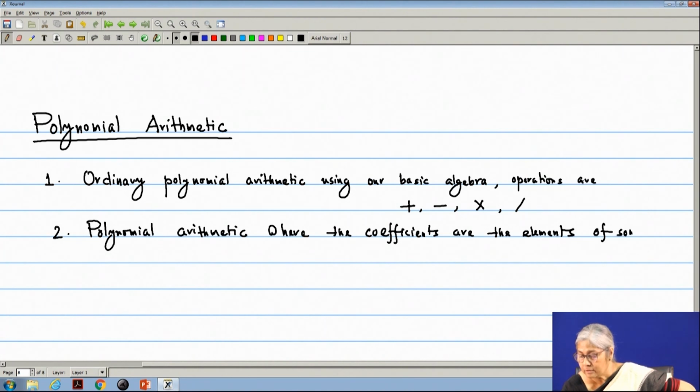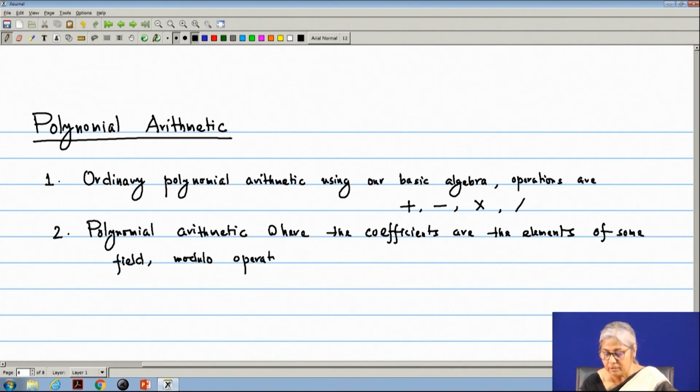And just now, in the example of the last lecture, we have read the modulo p, then the operations that we will be taking will be the modulo operations, that means modulo addition and multiplication. And we can see that if it is modulo p operation, then the coefficients can be Zp.